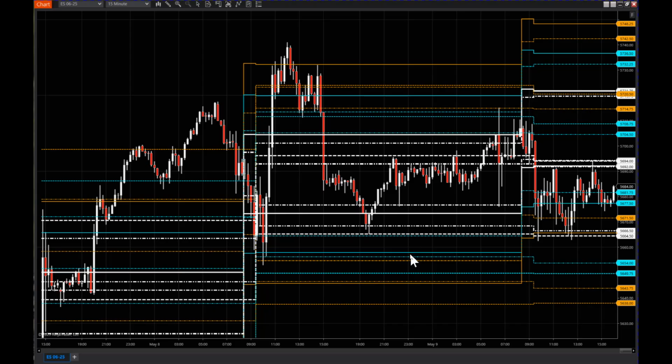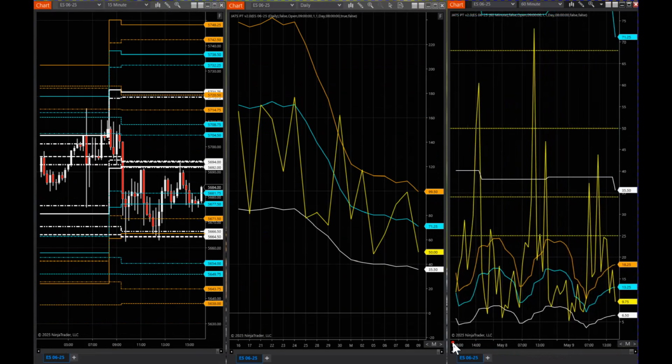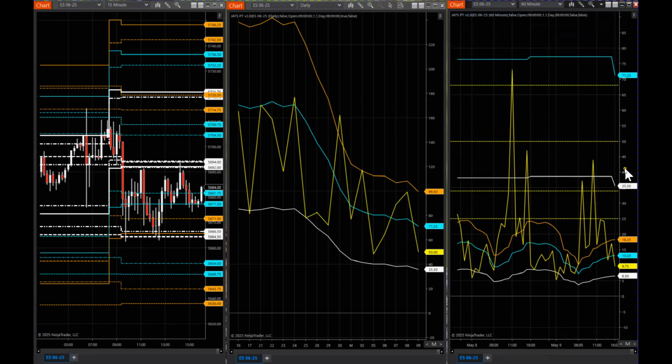I'm not really here to give Bloodhound training, but I can show you how to get filters so that if you're inside the daily 1, you could have a filter for that for your algo with Bloodhound, or if you're above, you know, daily 2, or if the 60-minute R vol is somewhere, I can help you with those refinements.